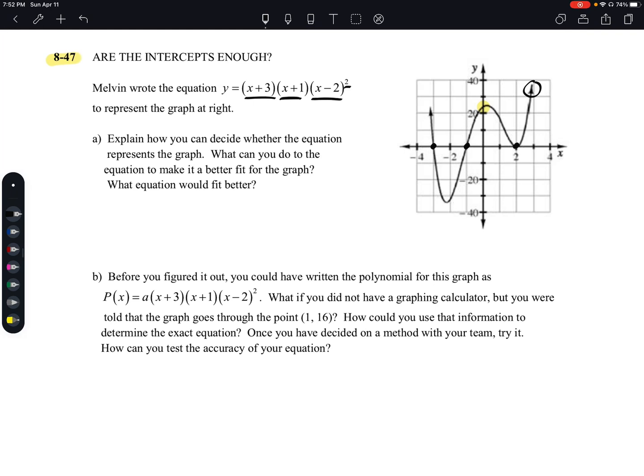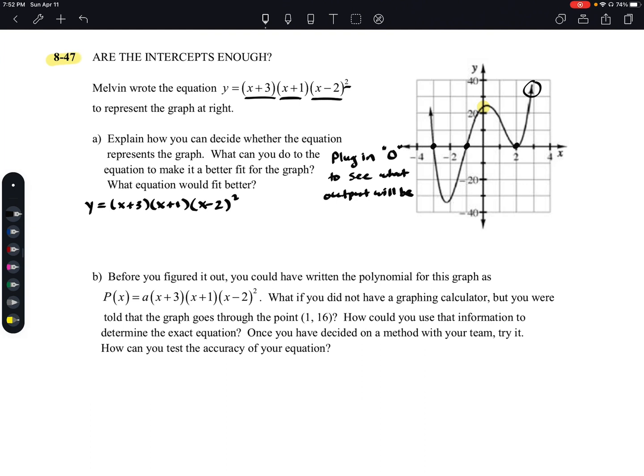We're going to plug in just 0 to see what the output will be. So here's Melvin's equation. We have y equals the quantity of x plus 3 times the quantity of x plus 1 times the quantity of x minus 2 squared.